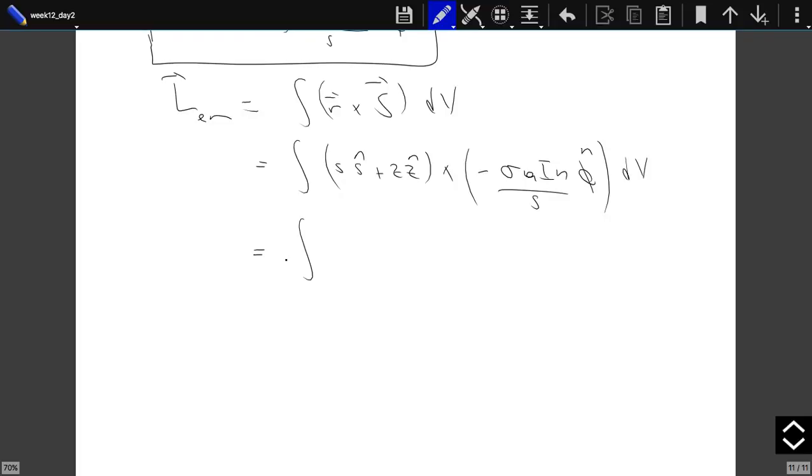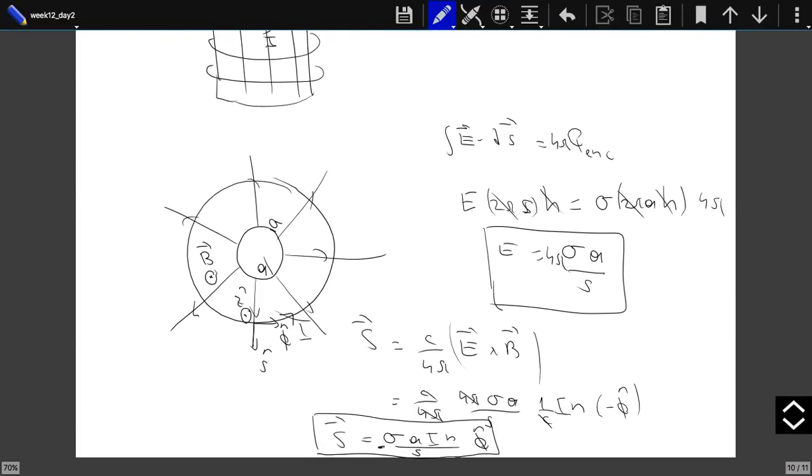So this is minus sigma A I n in the Z hat direction, this is the first term, plus minus sigma A I n over S times Z, Z hat cross phi hat. Well, at that point, let's look. Z hat is towards you, phi hat is in this direction, so it's in the minus S hat direction.